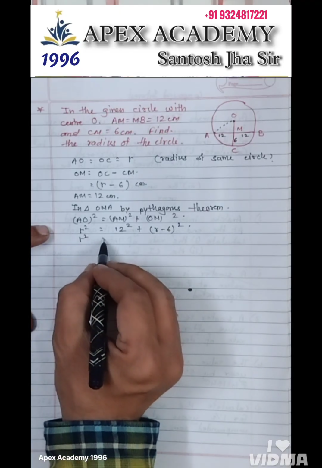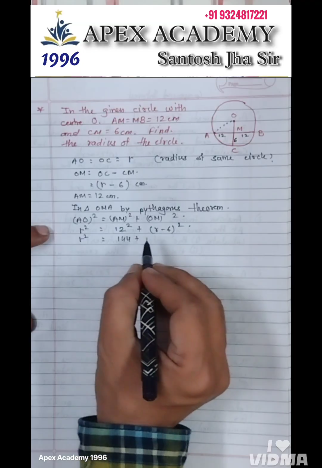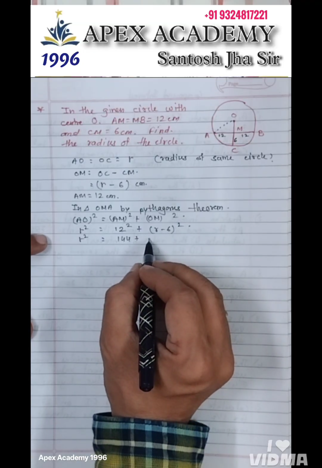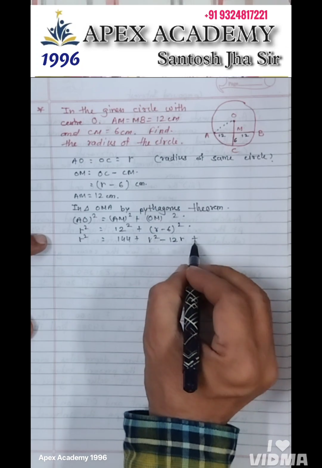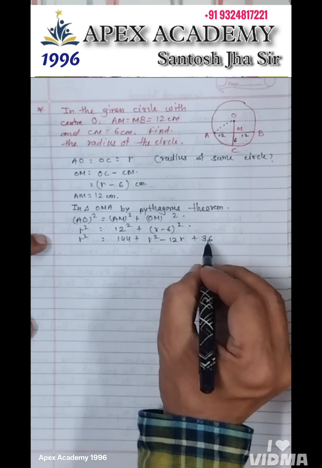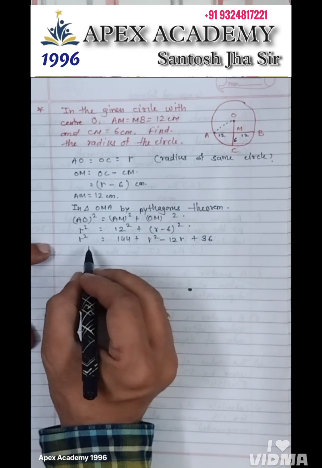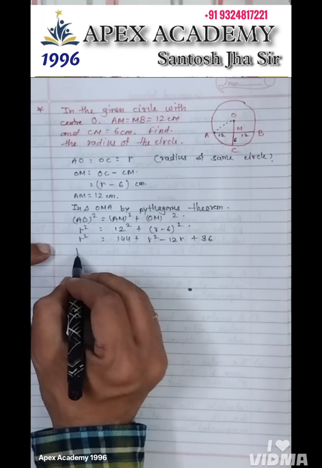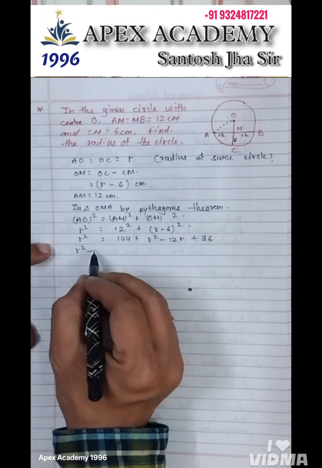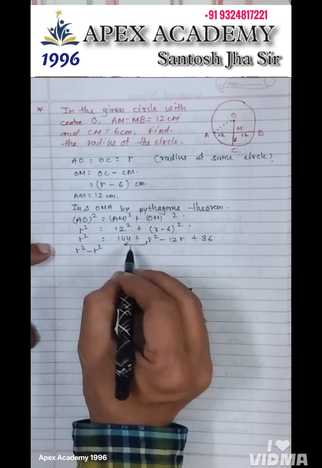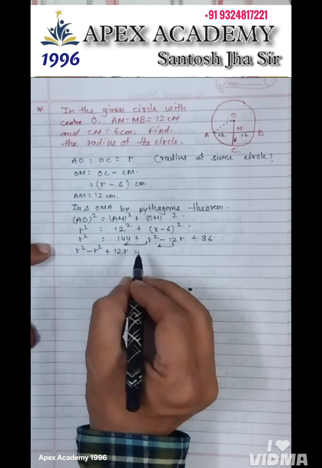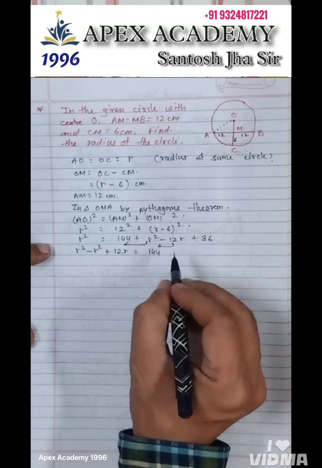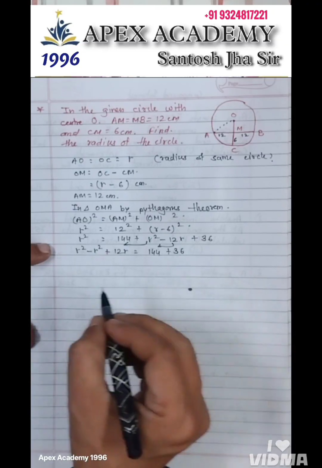So it remains R square, this became 144, and here the A minus B whole square formula will apply. So that becomes R square minus 12R plus 36. So now shift all these R to this side. So R square comes to this side, becomes minus, this 12R also comes, that becomes plus 12R. 144 is already there, plus 36 remains as it is.